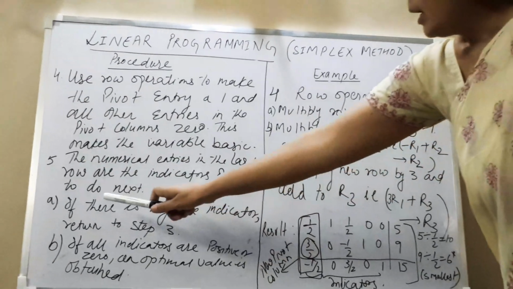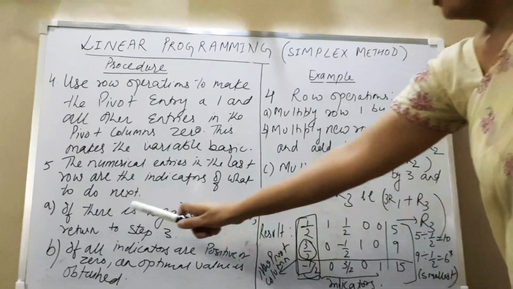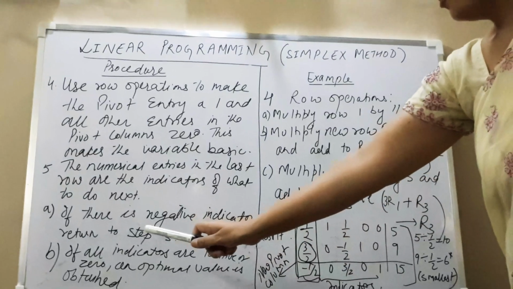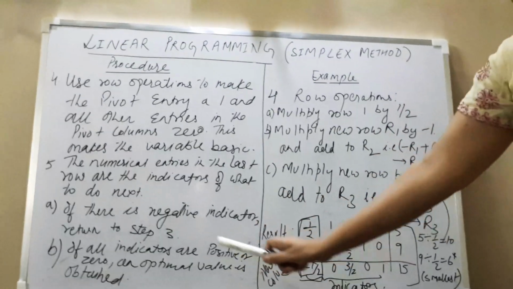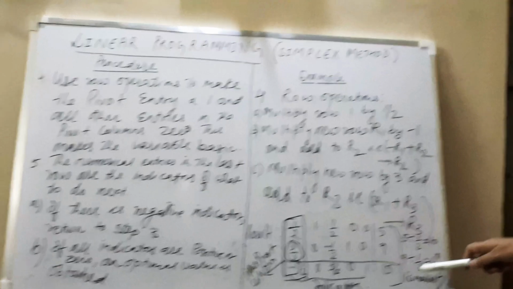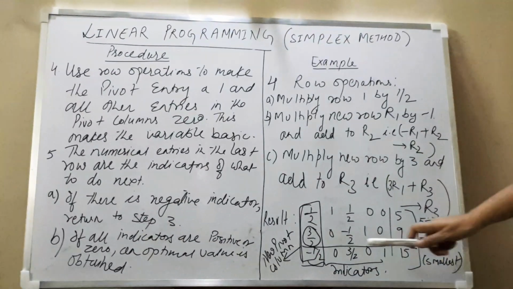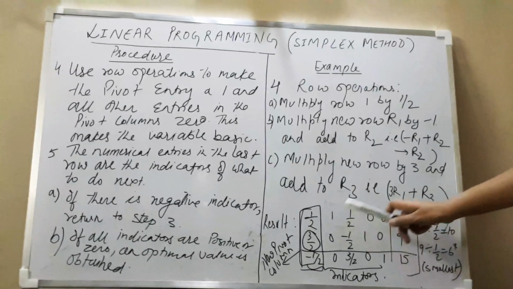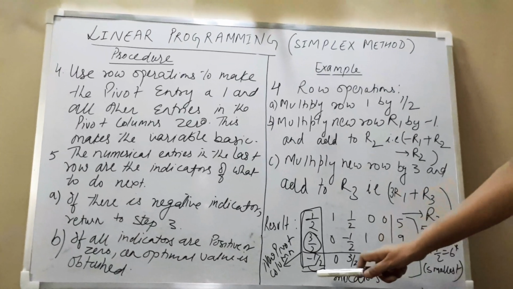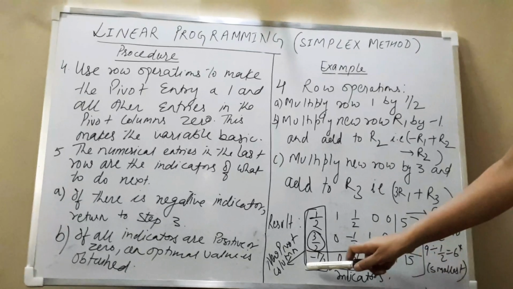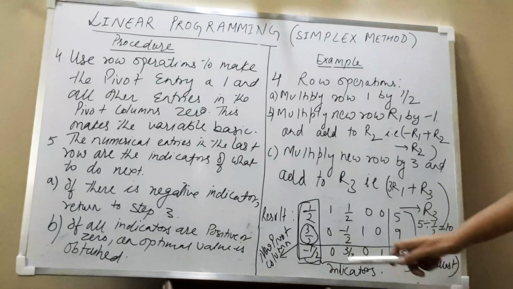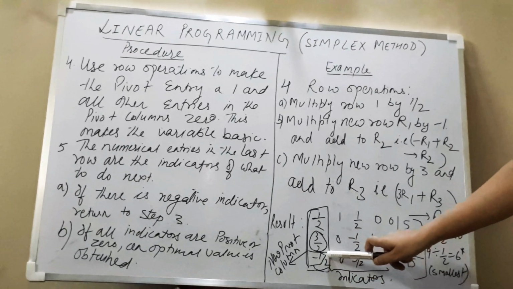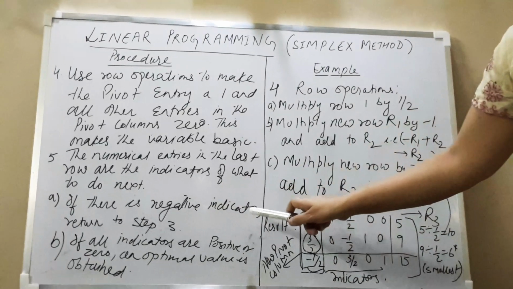The numerical entries in the last row are the indicators of what to do next. As I said, if there are negative indicators, return to step 3. If all the indicators are positive or 0, then an optimal value is obtained. Here, using these row operations, we get this simplex matrix. Again we can see the last row as the indicator, and again we are getting a negative entry. So if there is a negative indicator, return to step 3.